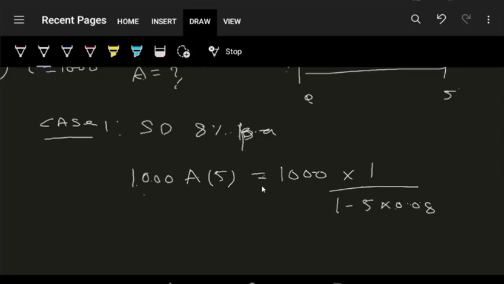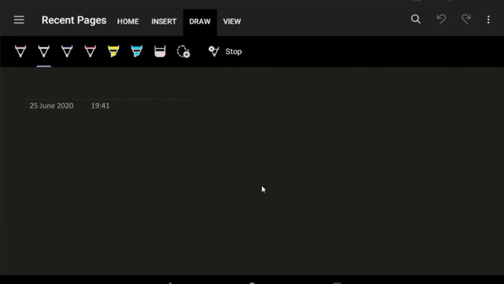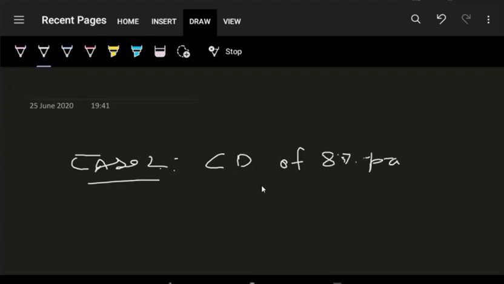This is the formula from the table. This amount will be 1666.67. In case 2 we are given a compound discount rate of 8% per annum.